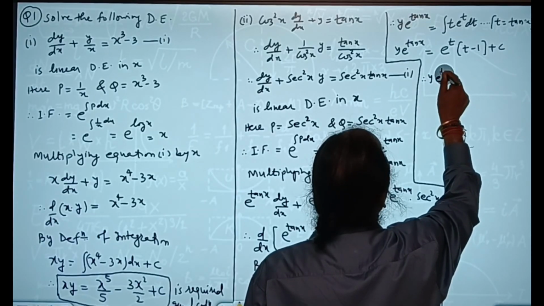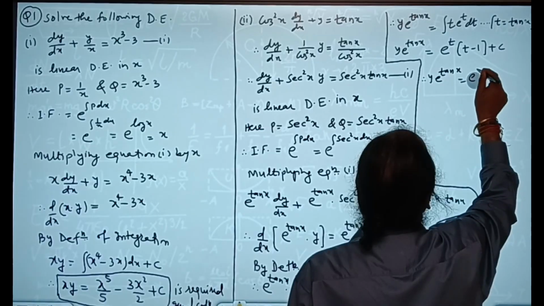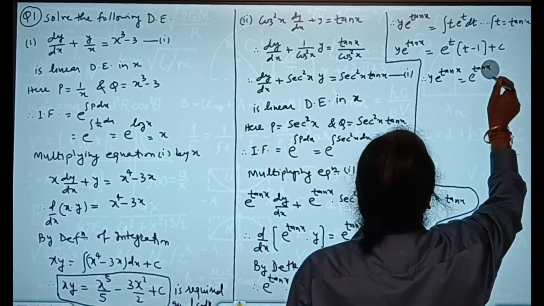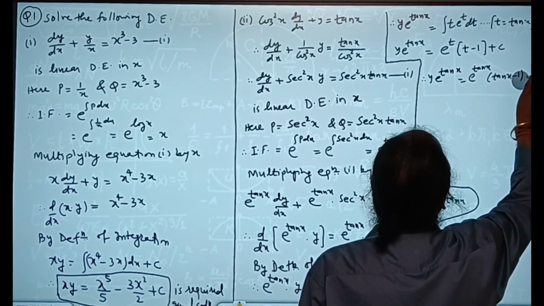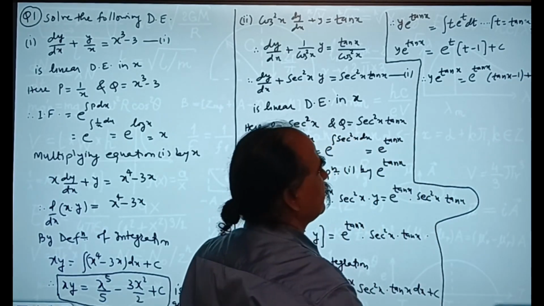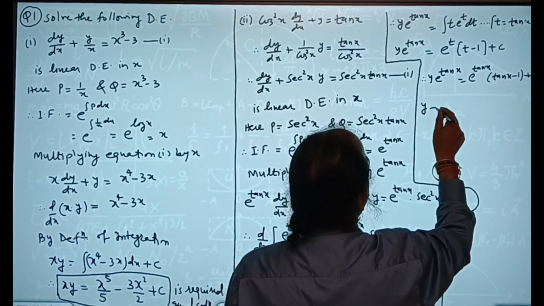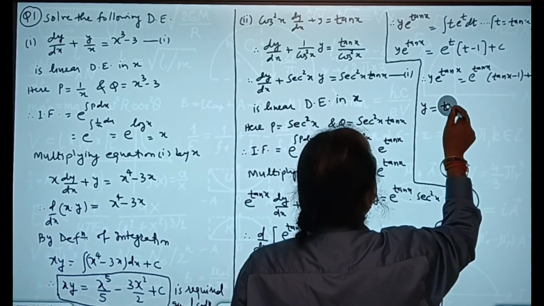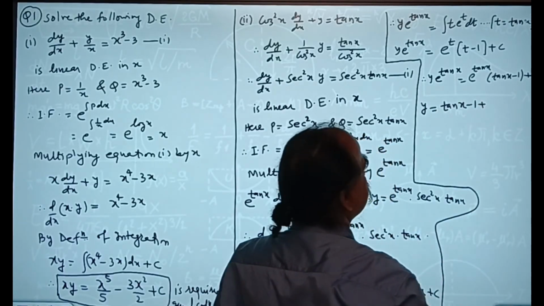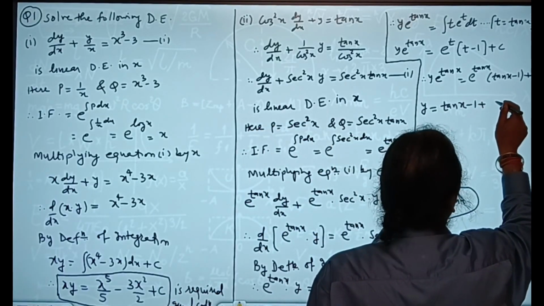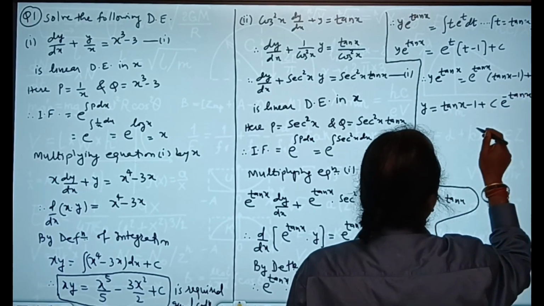So y e raised to tan x is equal to e raised to tan x in bracket tan x minus 1 plus c. We can divide by e raised to tan x. So y will be tan x minus 1 plus c upon e raised to tan x, which gives c e raised to minus tan x.